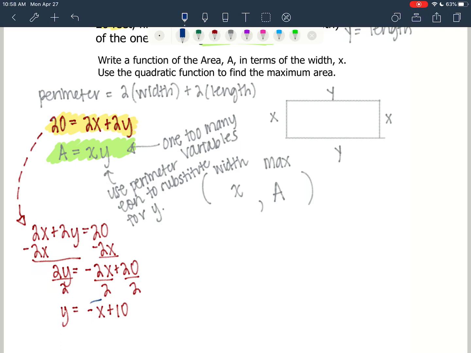Now what I can do is take this negative x plus 10 and substitute it in for y. So our area formula becomes, instead of x times y, x times negative x plus 10. Let me make sure that's very clear, that's a negative x plus 10.